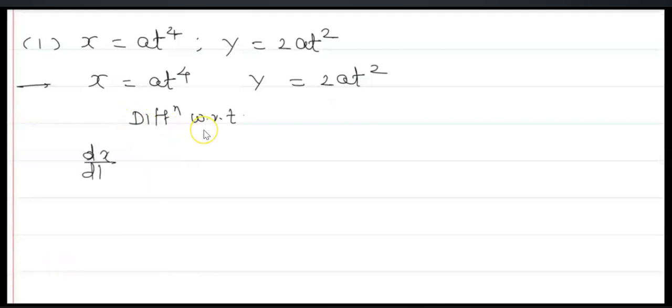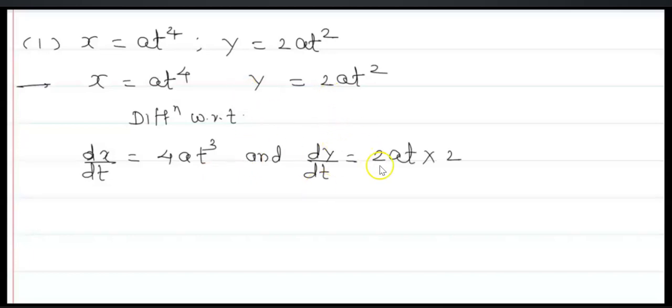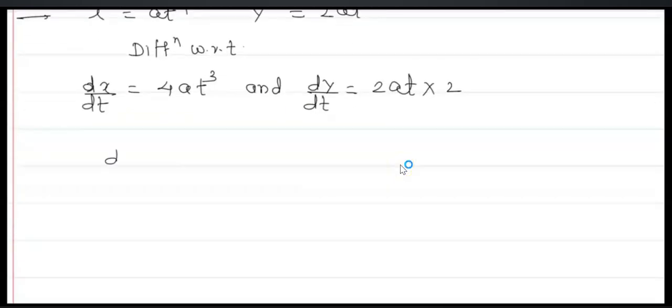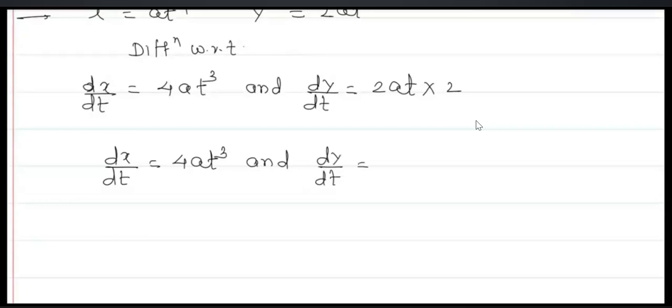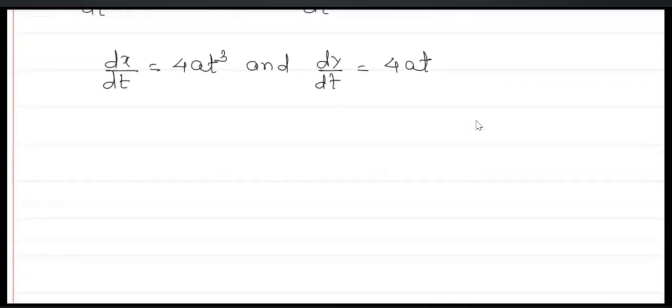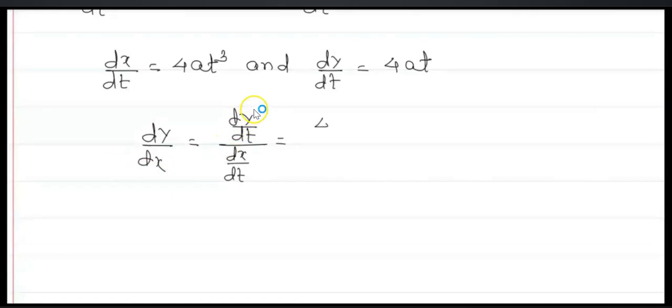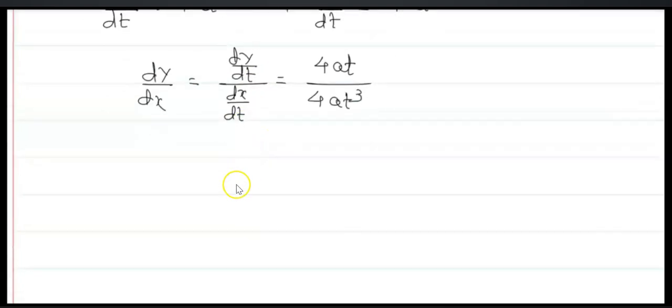Differentiate this with respect to t. Therefore, dx upon dt is equal to 4at cube and dy upon dt is equal to 2a into 2t, that is, 4at. And that's why dy by dx is equal to dy by dt upon dx upon dt.